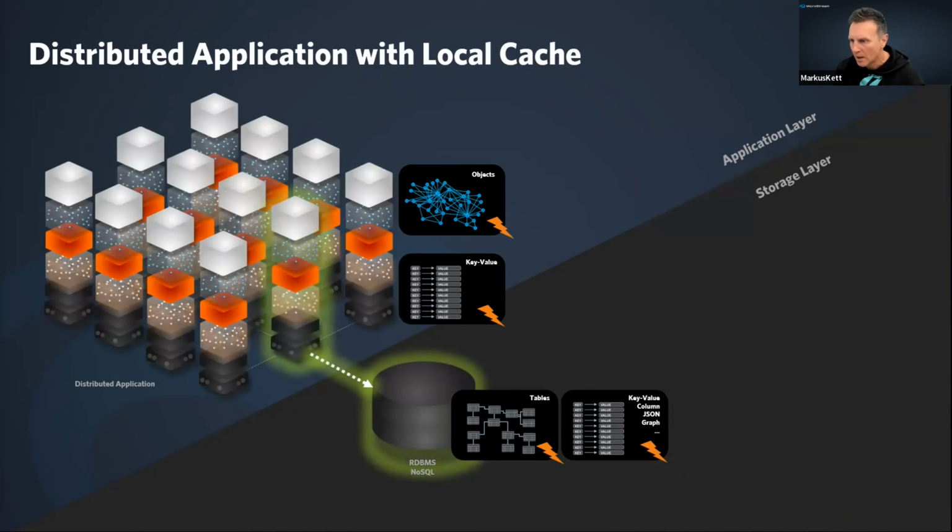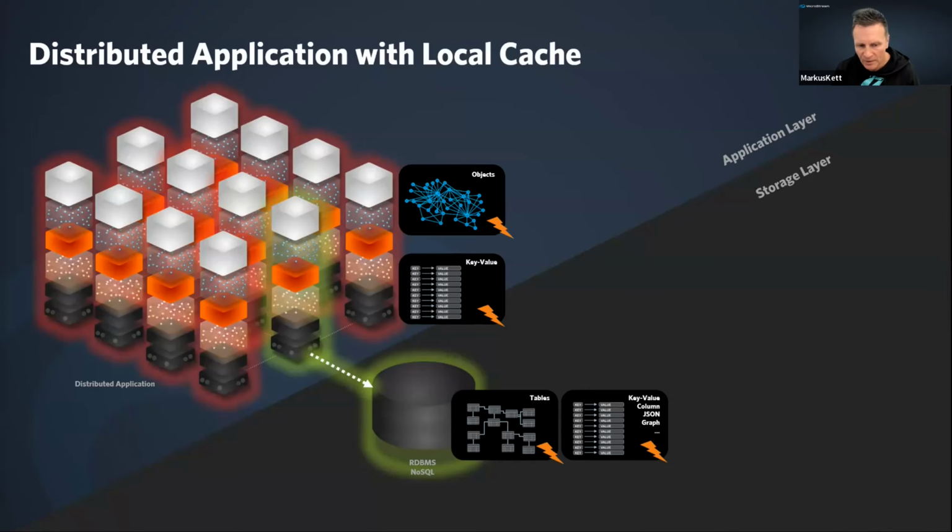Because all nodes use mostly a local cache to accelerate database queries, and then if one of these nodes wants to change an object and store it into the database, then the system is not consistent anymore.